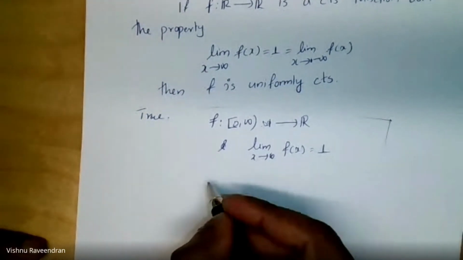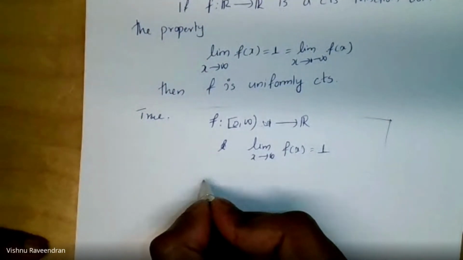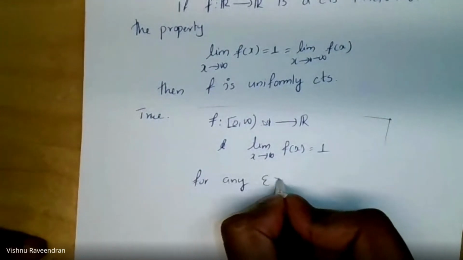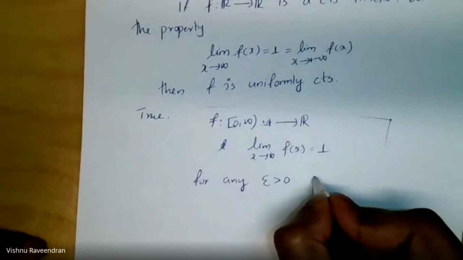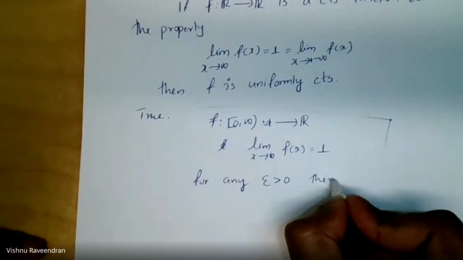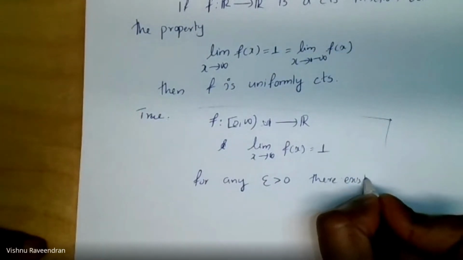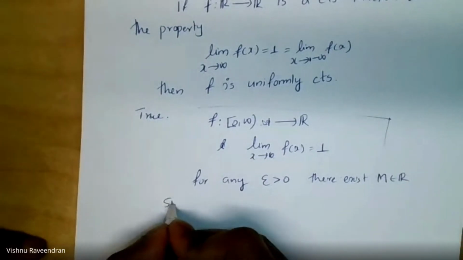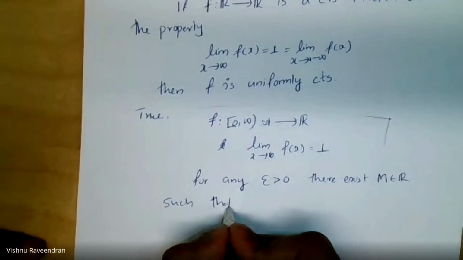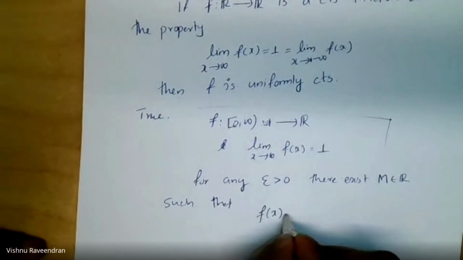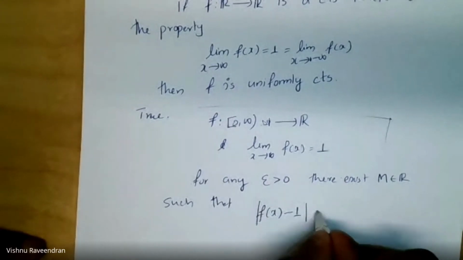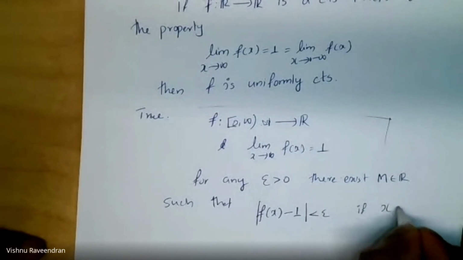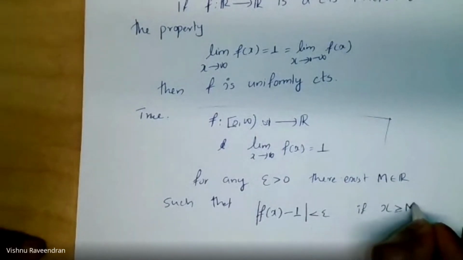From here, you can find that for any epsilon greater than 0, there exists a large number m such that the absolute value of f of x minus 1 is less than epsilon if x is greater than or equal to m.